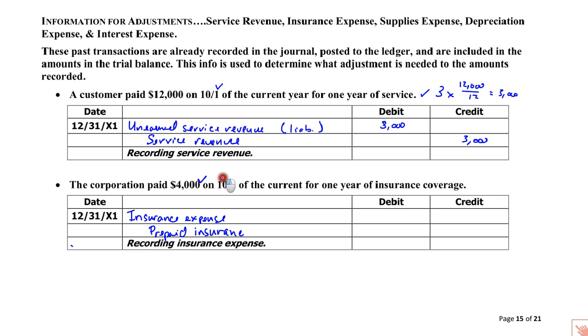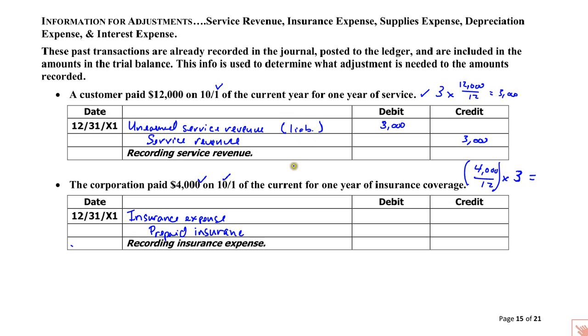They paid $4,000 in October, so the amount per month is 4,000 divided by 12. It's October, November, December. The number of months is 3. So 4,000 divided by 12 is the amount of expense per month, and 3 is the number of months that we used up this year.